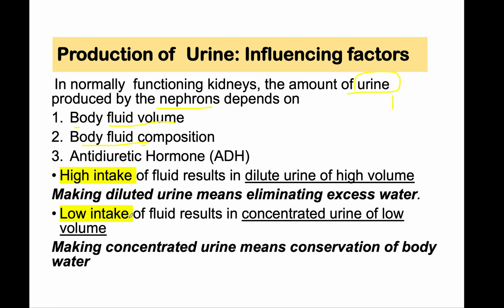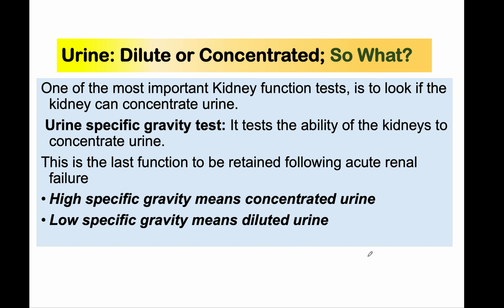But if you are drinking less fluid or you are losing fluid, then the urine will be concentrated, meaning you have more solutes relative to the water, because the body conserves water when in need. And again, that is the function of antidiuretic hormone. So making concentrated urine means that the body is conserving water. And how do we test that?